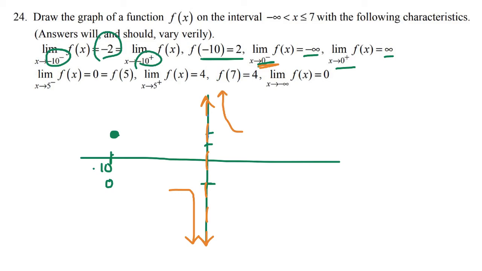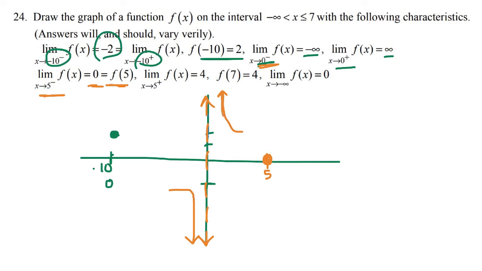All right, so let's look at 5. Well, let's see. Our limit here, x approaches 5 from the left is 0, and f at 5 is 0. So that tells me over here at 5, I have a for sure point because f at 5 is 0. So I know that for sure point exists. And I know the limit as x approaches 5.